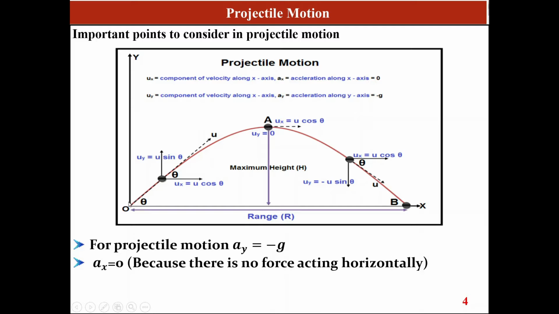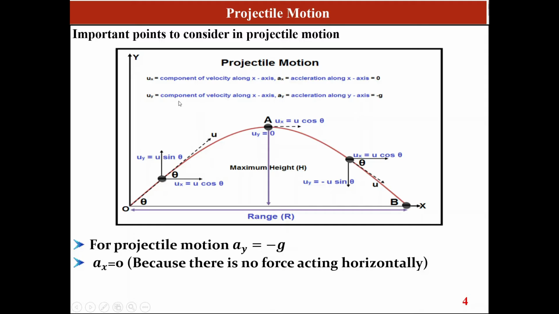For example, at this point you will get the maximum value of the vertical velocity, represented by uy, which is equal to u sine theta. But at the maximum point, the vertical velocity is 0, while the horizontal velocity is constant, which is u cos theta. For projectile motion, ay, the acceleration due to gravity, we represent by minus g.